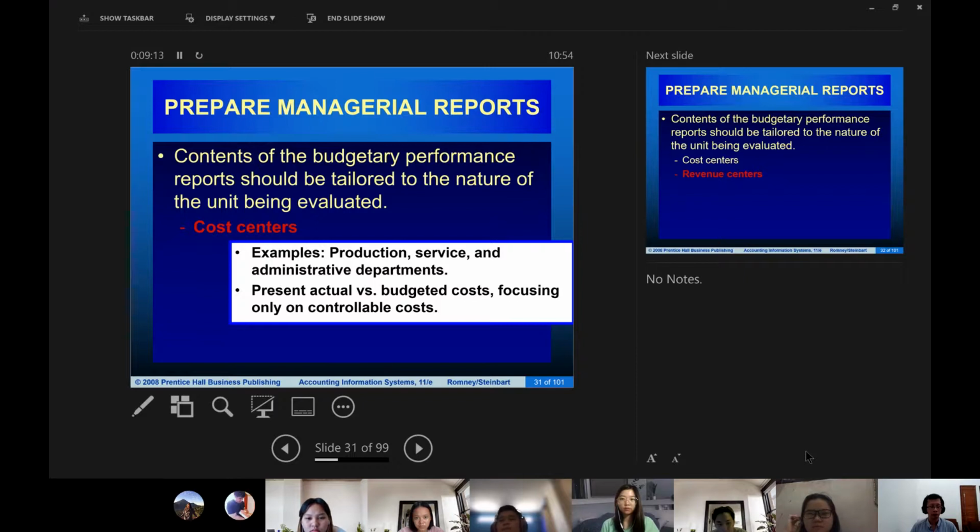to the actual cost. So if I were the manager of the production department and I had a budget of producing 1,000 units with a cost of 1 million rupiah, then my performance will be evaluated by how many products I actually produce and at what cost.